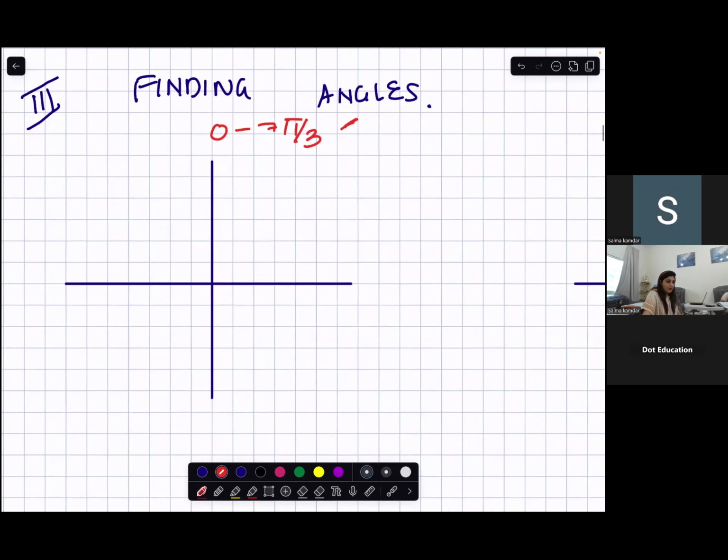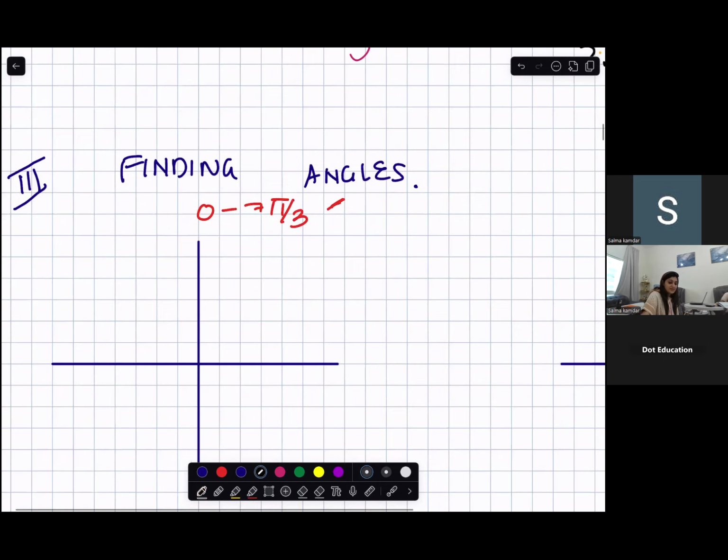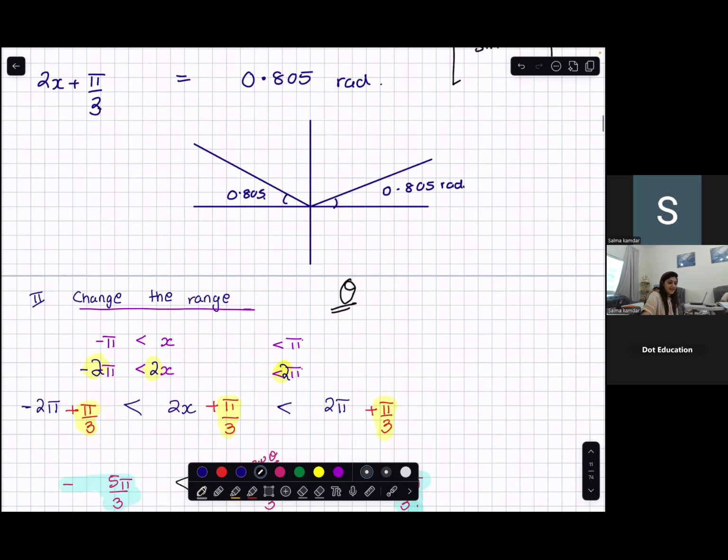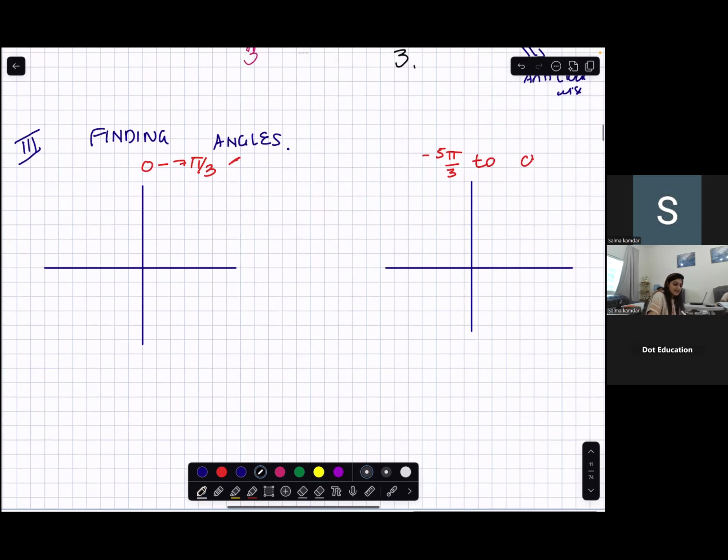Now, when you're finding your angles, what are you supposed to do? First thing, plot the principal value. What was your principal value? 0.805. The sign was positive, and the sign is going to remain positive in both the first and the second quadrant. I assume you know the unit circle.